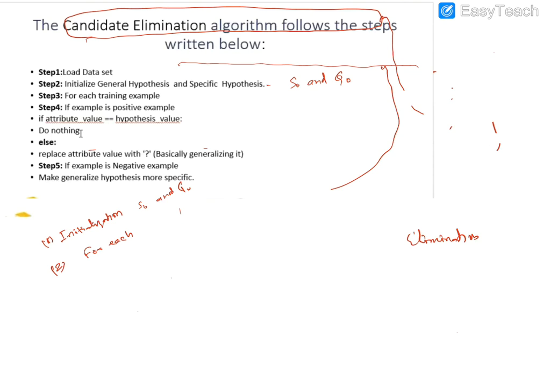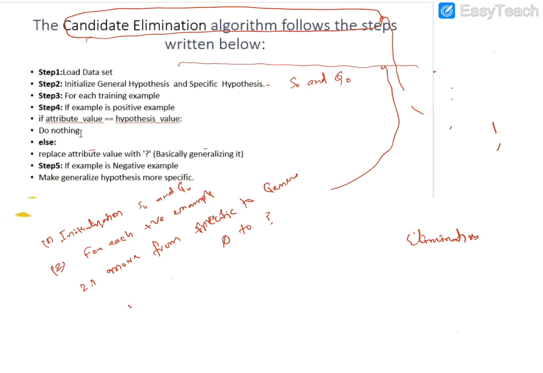For each positive example, we have to move from specific to general. What is the specific? Phi to question mark, in simple way. So this is step 2.1: move from specific to general whenever we deal with a positive example.